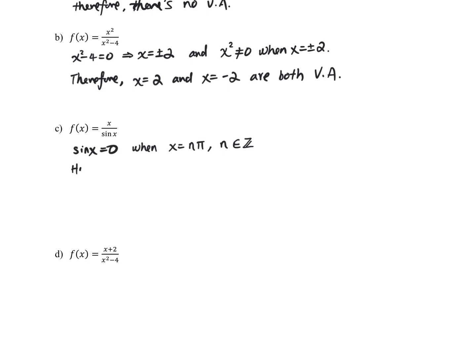However, when x is equal to 0, the limit as x approaches 0 of x over sine x becomes a 0 over 0 type, right? In this case, we cannot just do regular substitution.